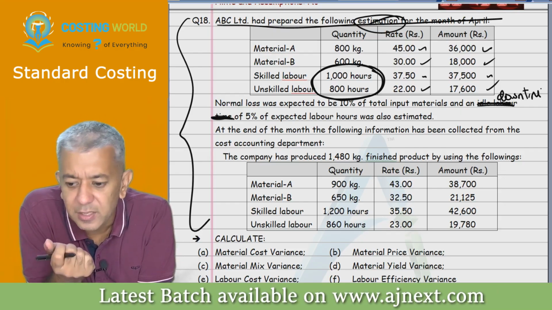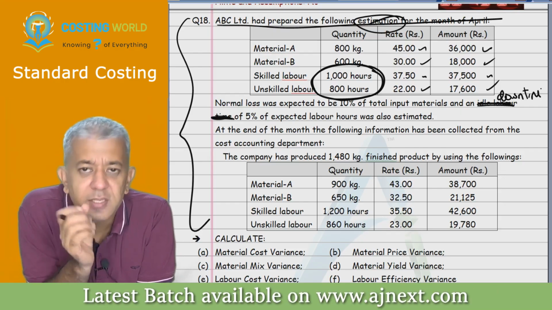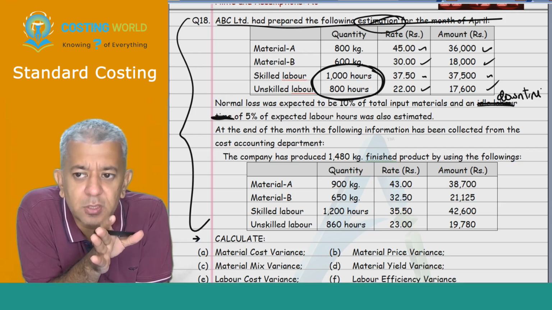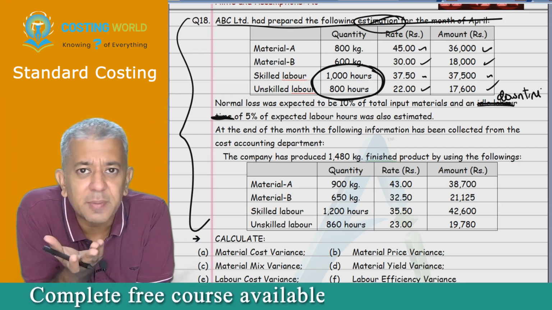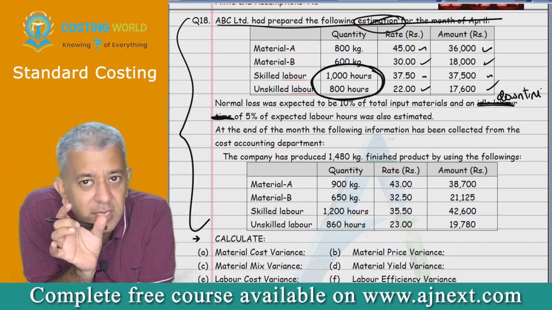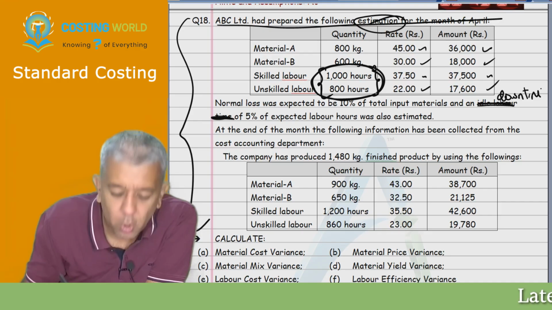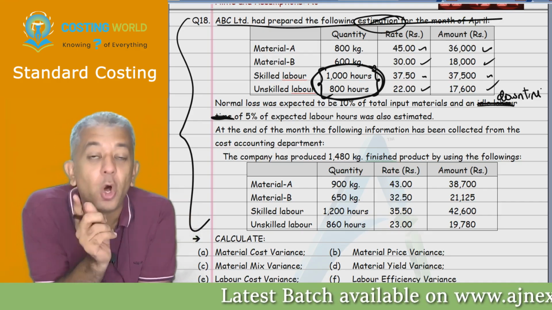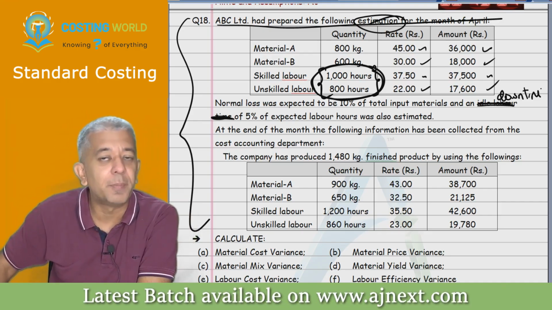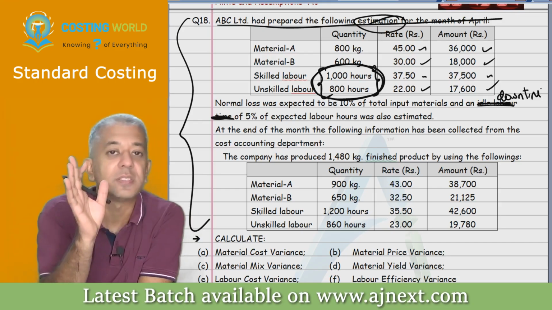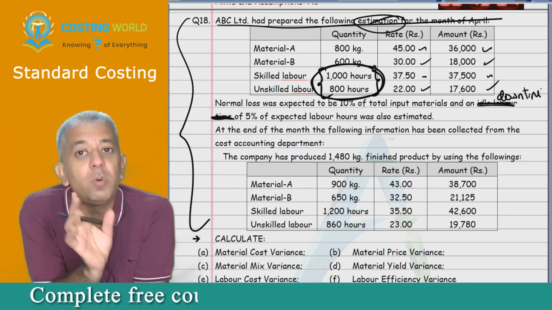Example, suppose workers were working and suddenly the machines stop. At that time, it is not the workers' fault. So such downtimes, if they are included, should always be removed. Normal idle time should not be removed, because normal idle time is there at all the places. But if there is any downtime, it should be removed.